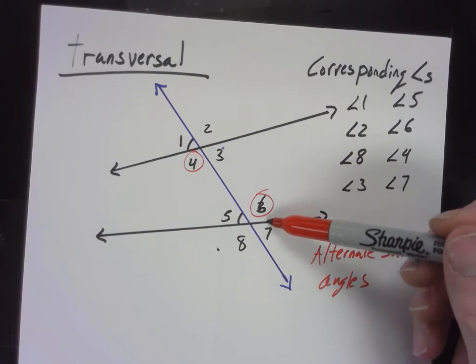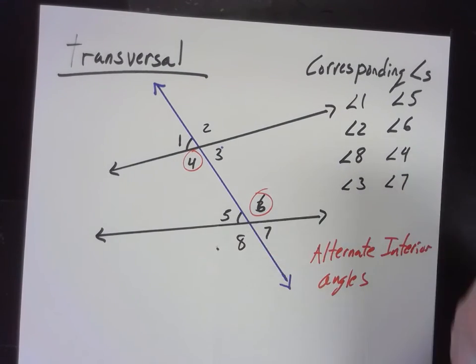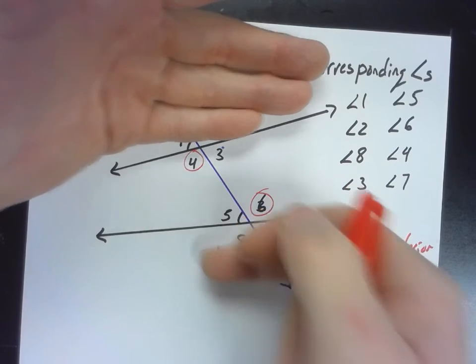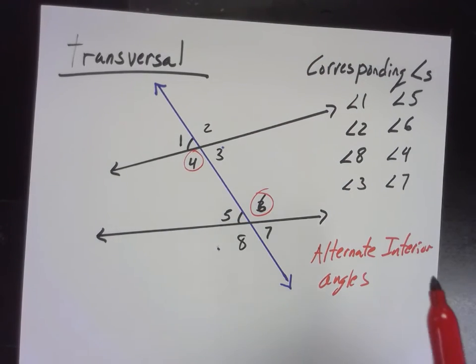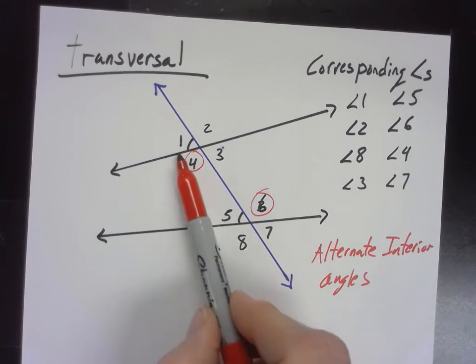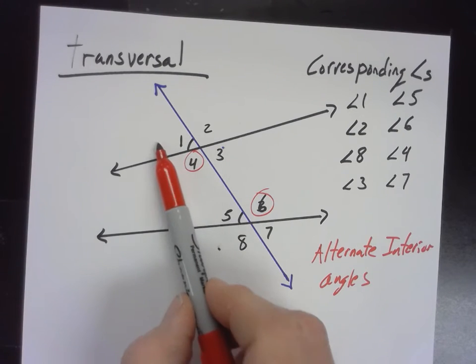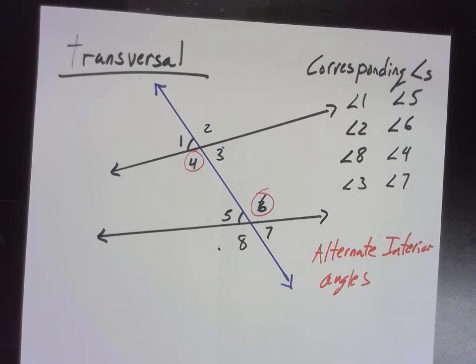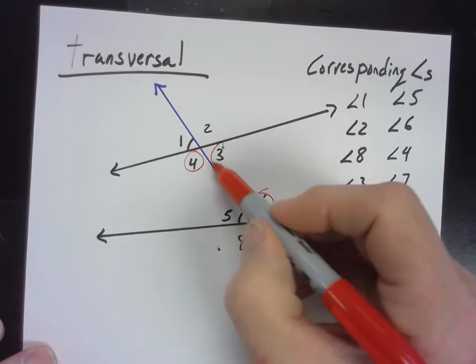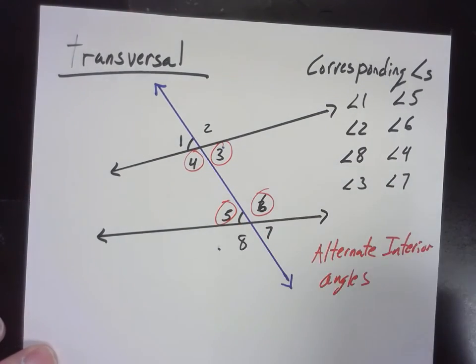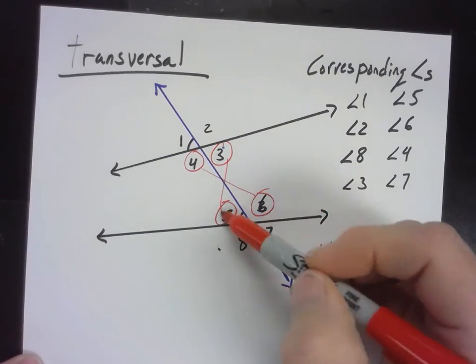They're on the inside here, aren't they? Okay, they're on the inside. And they're not corresponding, they're not in the same location, they're actually alternate from one another, aren't they? So what's the other pair that are alternate interior angles? Yeah, 5 and 3. So we've got 4 and 6, we got 5 and 3.